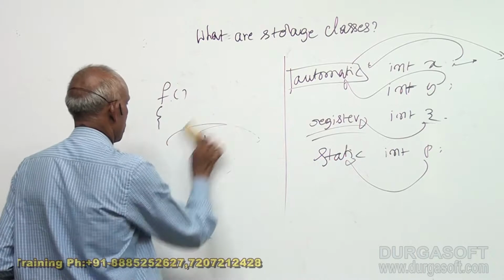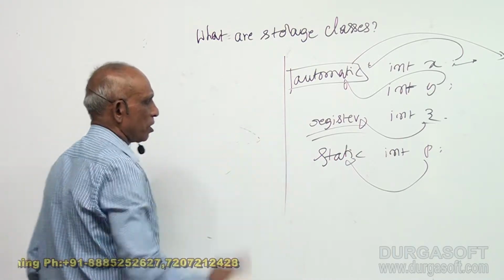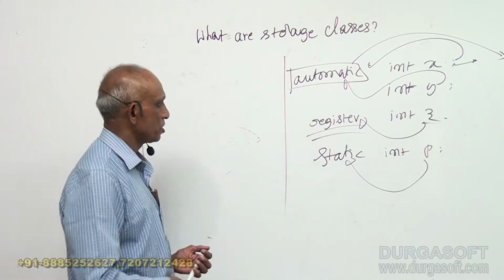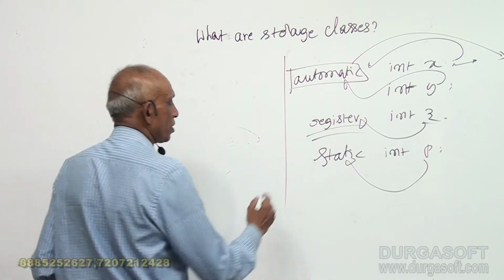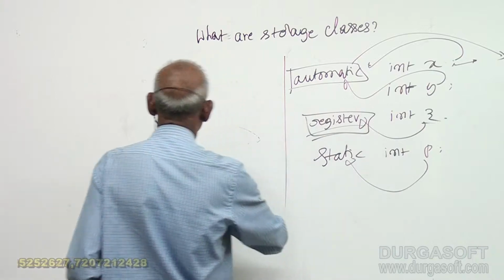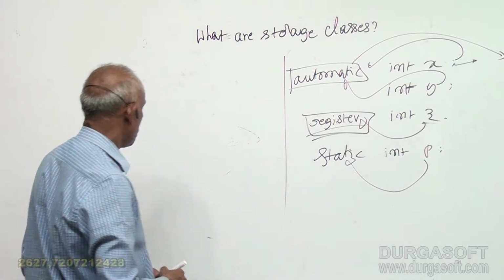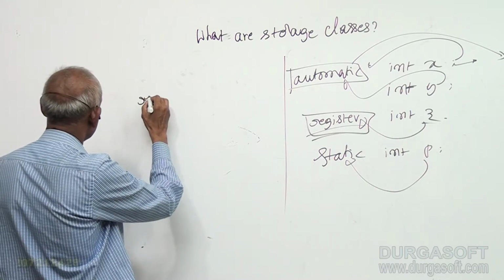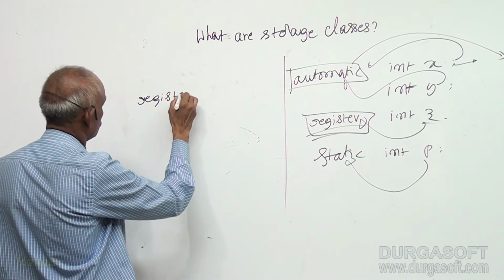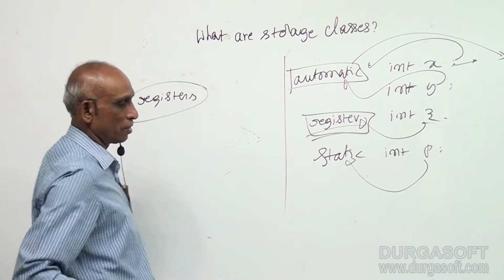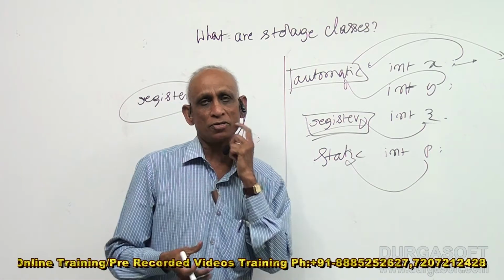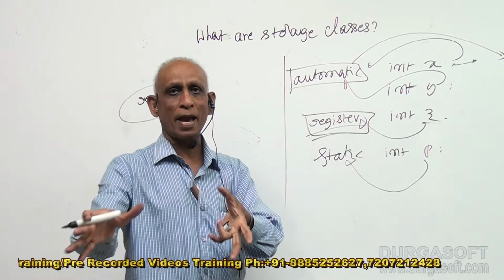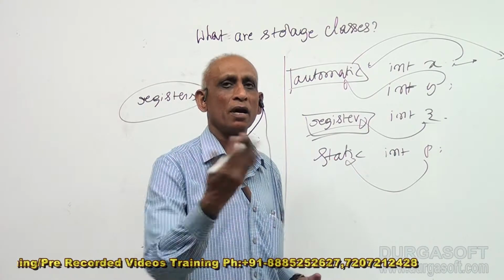Now what is register? Most of the variables are automatic. Normally by default all variables are automatic unless you specify otherwise. So what is a register variable? The CPU, the central processing unit, the microprocessor, has registers inside. Registers are memory locations on the processor itself, whereas memory means the computer's memory bank, separate ICs.